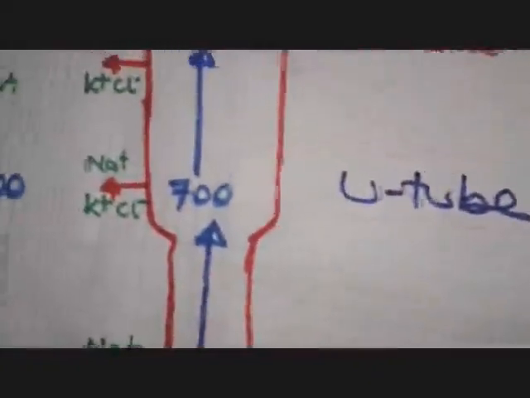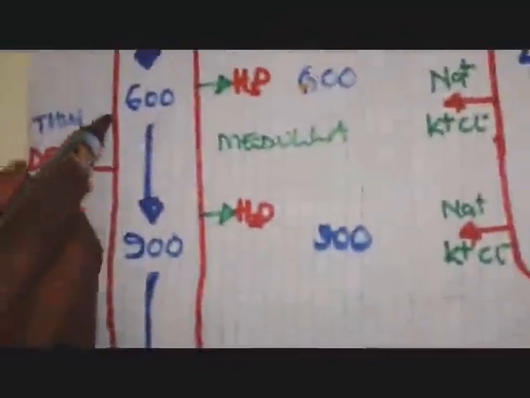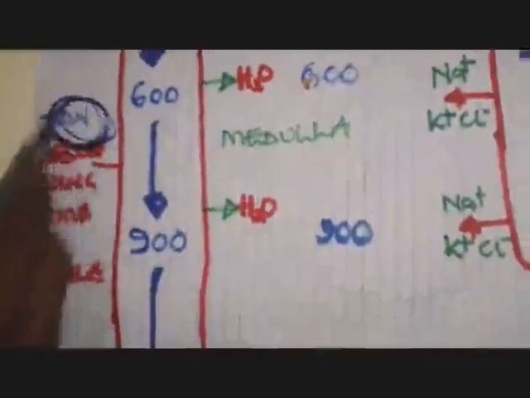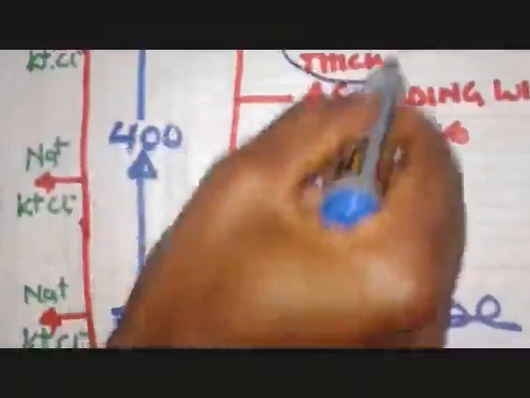The loop of Henle has what we call a descending limb and an ascending limb. Remember, the descending limb, as you are seeing, is thinner. When you are drawing it, we indicate that it is thinner. Then, when you look at this one, the ascending is thicker.